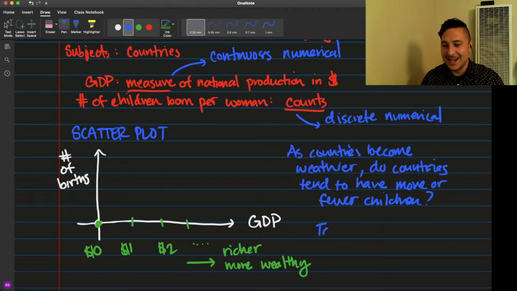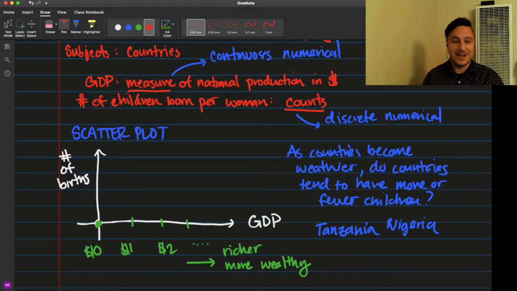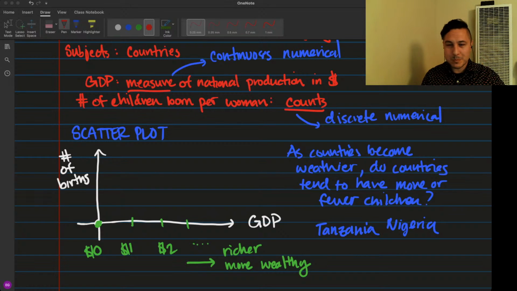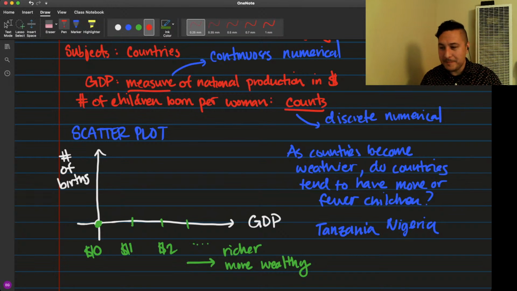Let's do Tanzania and Nigeria. So can someone look up births per woman in Nigeria? Let's just see how many babies the average woman in Nigeria has. So someone Google it. This is why the internet is amazing. You just go and look. Okay, cool, thank you.